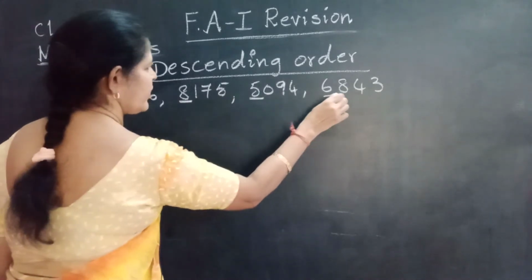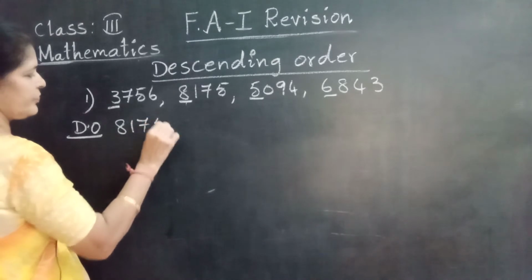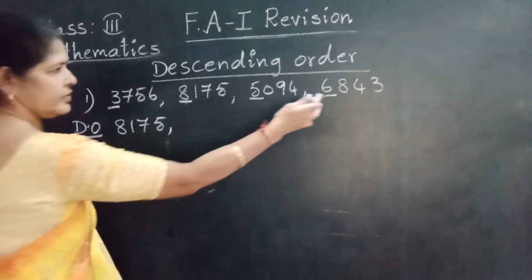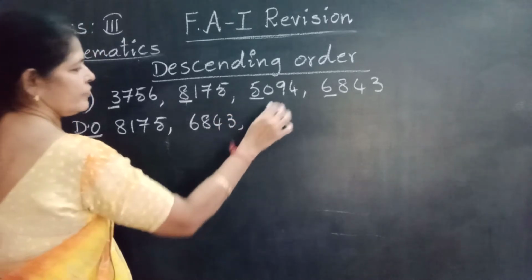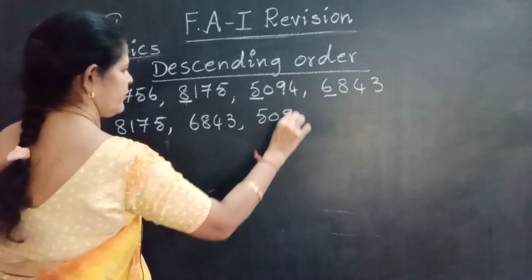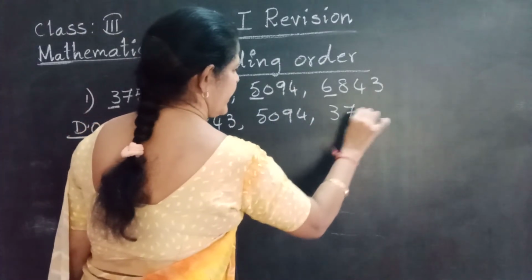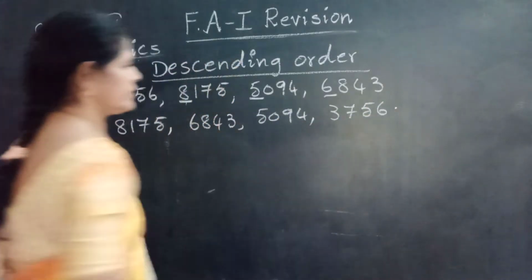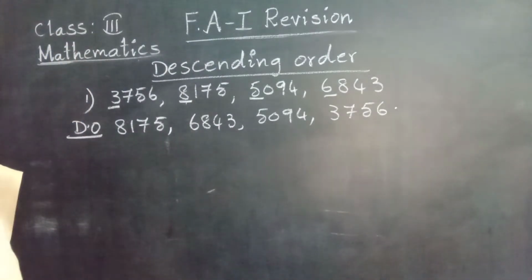Which number has more thousands? This. It comes in the first place. Next, this. Next. 5094. Next, 3756. This is how we arrange the numbers in descending order.